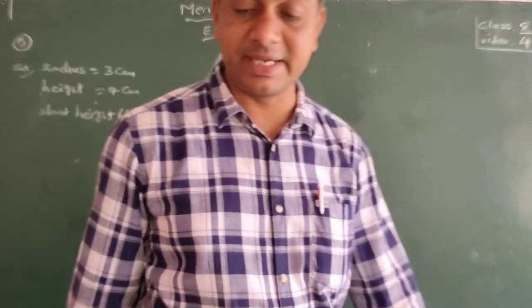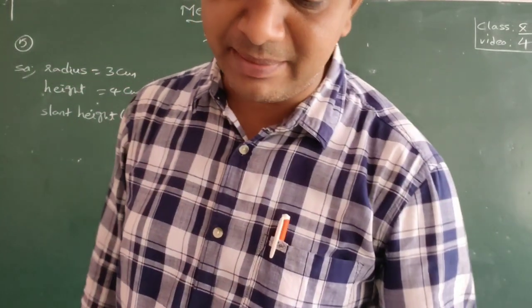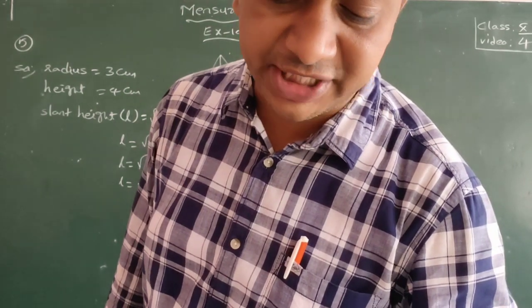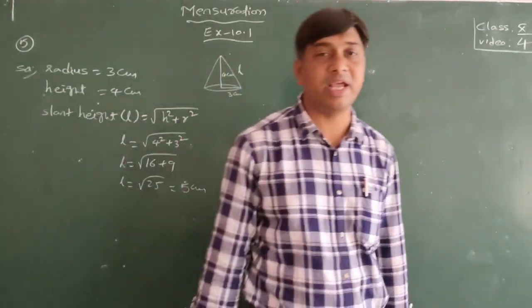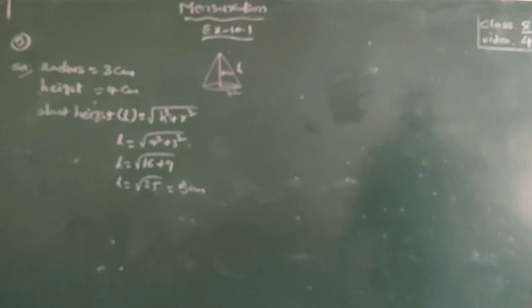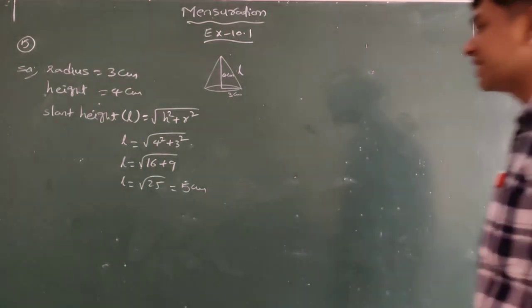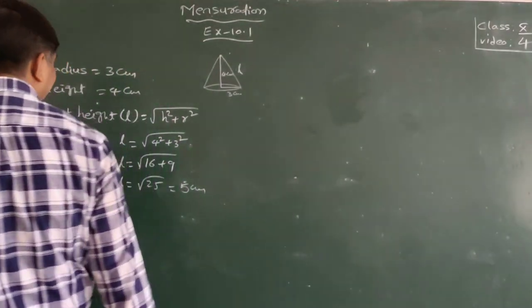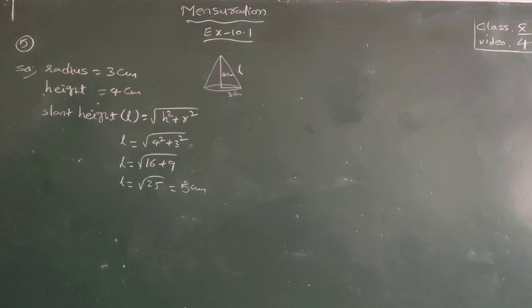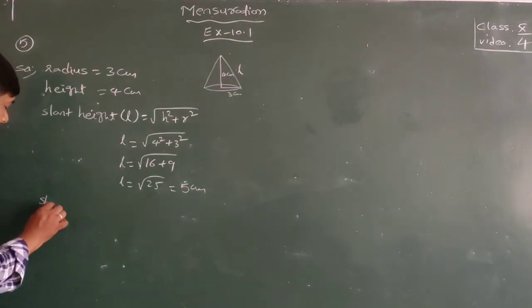Now what they ask here: how many caps can be made with the available sheet? A 1000 square centimeter sheet is available. In that 1000 square centimeters, how many caps can be made?